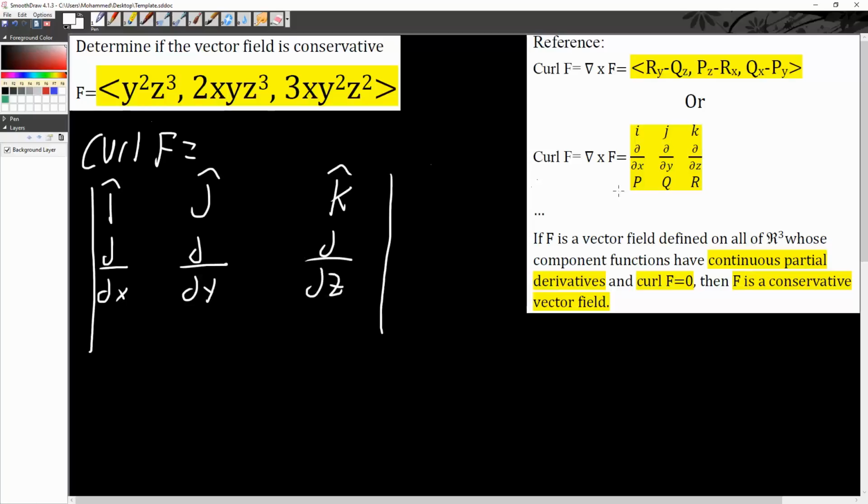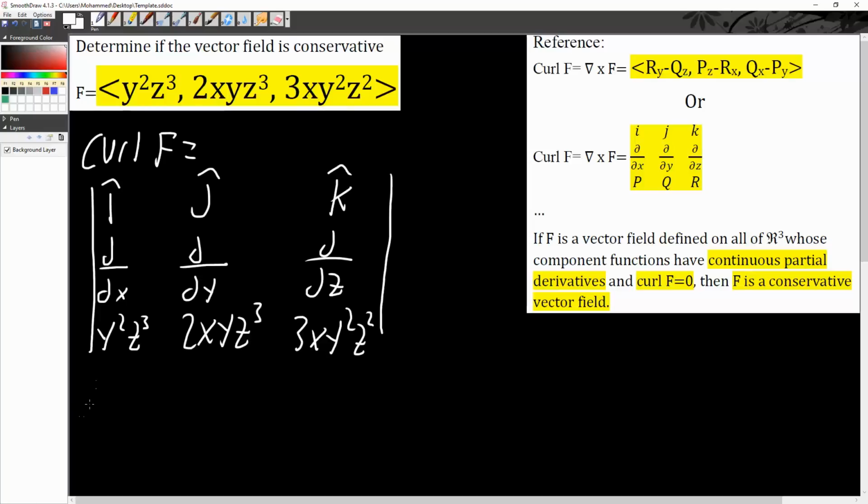Our P term will be y squared z cubed, our Q will be 2xyz cubed, and our R would be 3xy squared z squared. Now what we have is similar to a 3x3 determinant.